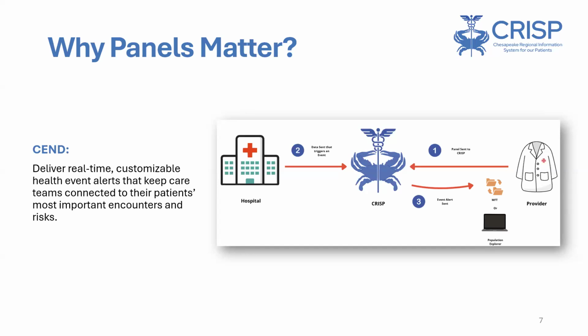One is through a file share system or MFT, or the more common way is through Population Explorer, which is a widget within the CRISP portal. So essentially, panels empower this whole system to work, and without panels, we wouldn't be able to send alerts when your patients have an encounter or another health event that you should be aware of.